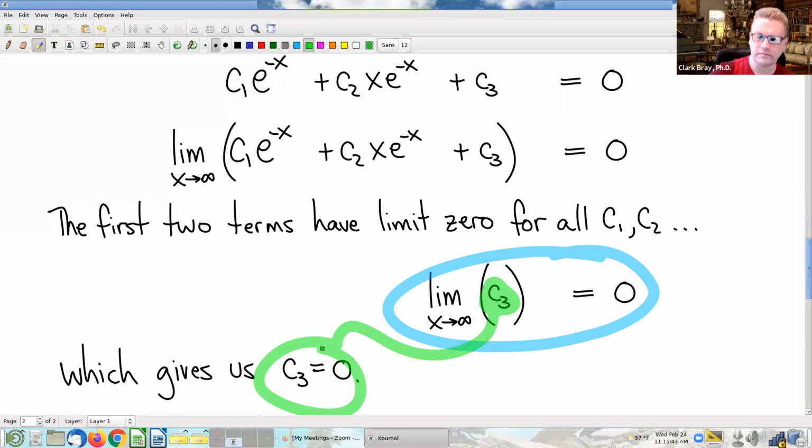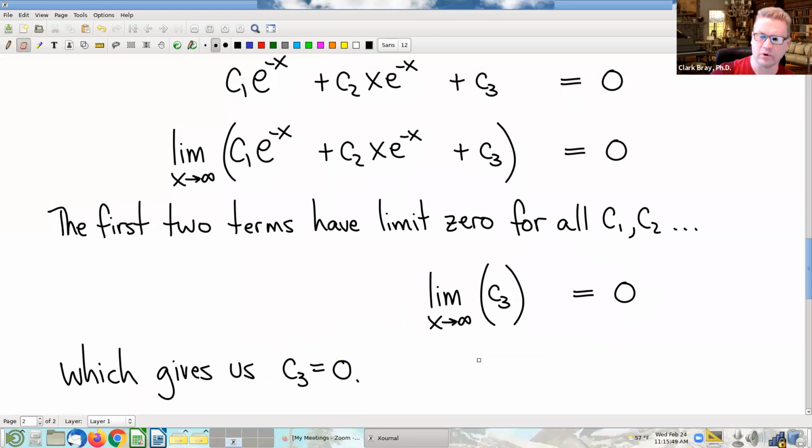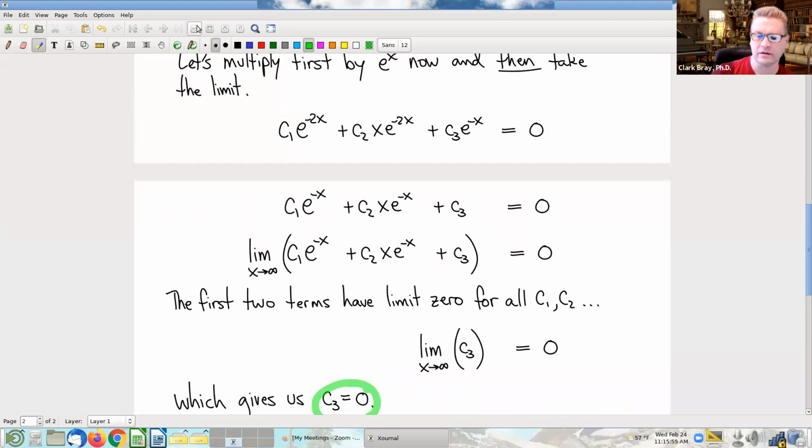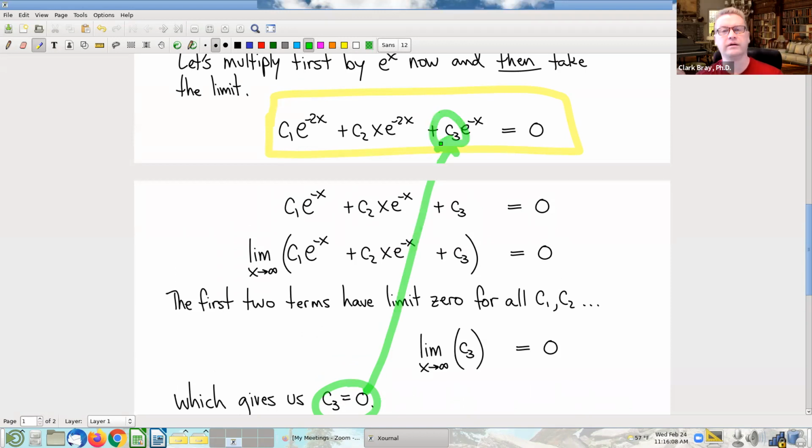Now of course there's more to be done, but in particular, this is what has allowed us to draw a conclusion. We're looking at this linear combination, trying to draw conclusions about C1, C2, and C3. And now, good news, I've drawn a conclusion about C3. And then we can repeat the process and further draw conclusions about C1 and C2.